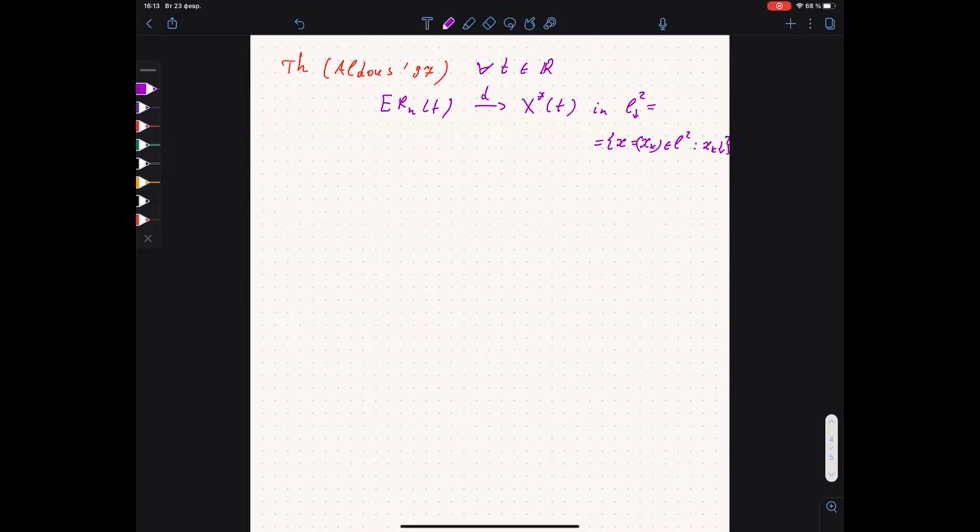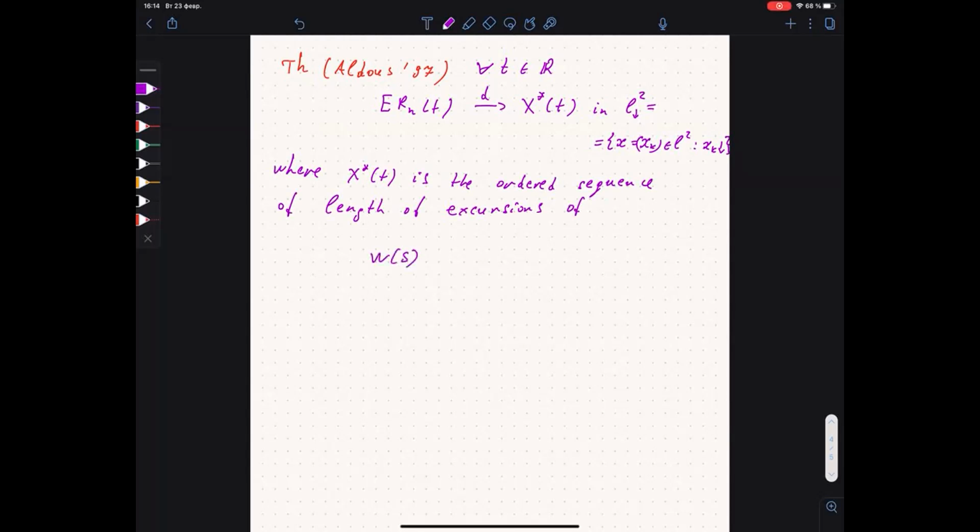And that limit can be described as follows, where X star of t is the ordered sequence of lengths of excursions of the Brownian motion with drift.